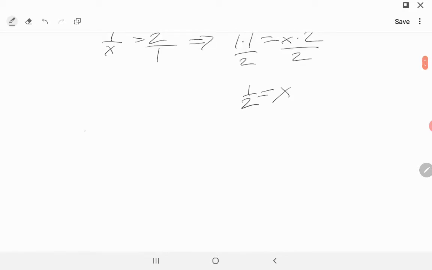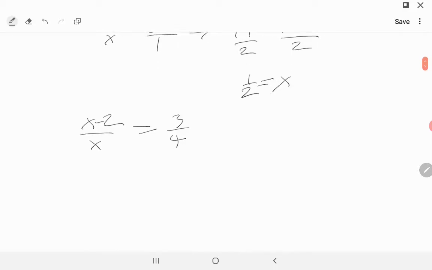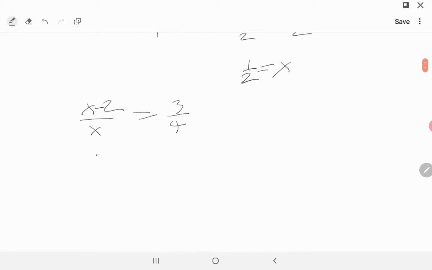If we had something a little more exotic, like x minus 2 divided by x equals 3/4, we'll notice that sometimes we're not always going to get an integer answer. So if we tried that first method again, we cross multiply. We get 4x minus 8 equals 3x.